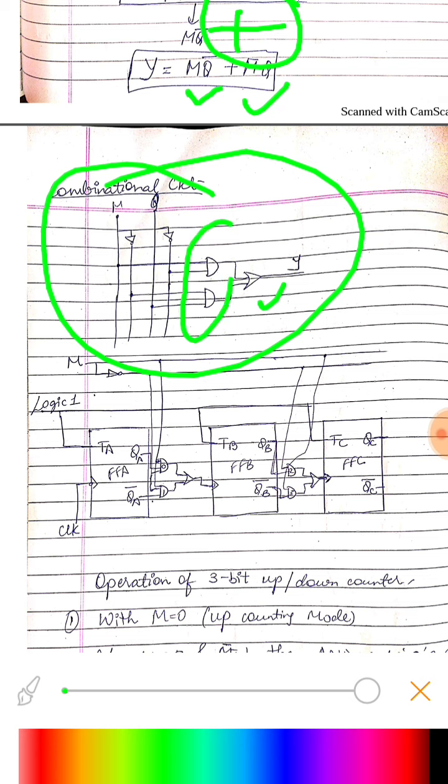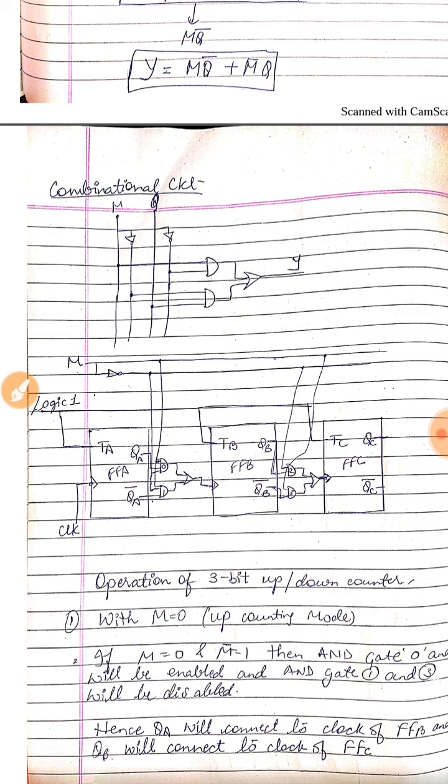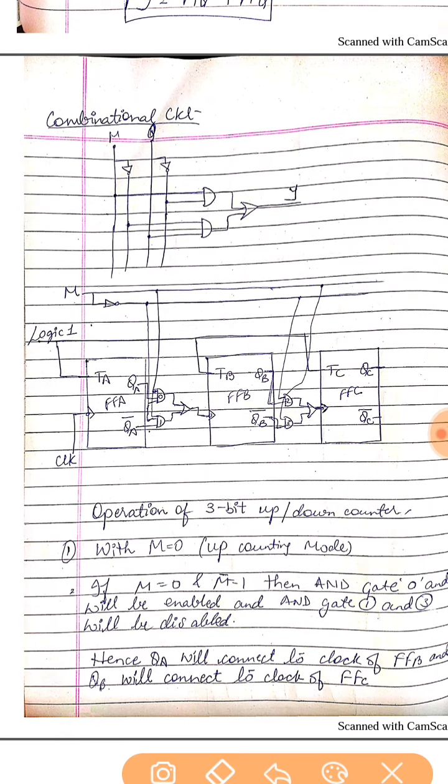So 2 AND gates and 1 OR gate are required to implement the logical expression for Y, which would be used to select the up and down modes. We can also use a multiplexer instead of this whole circuit. I know you know a multiplexer.